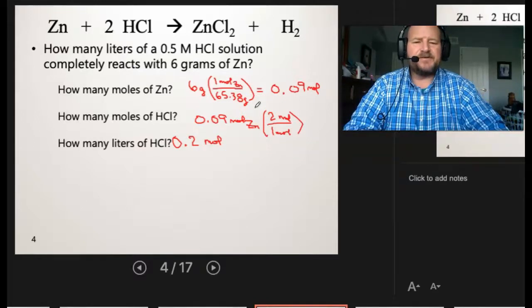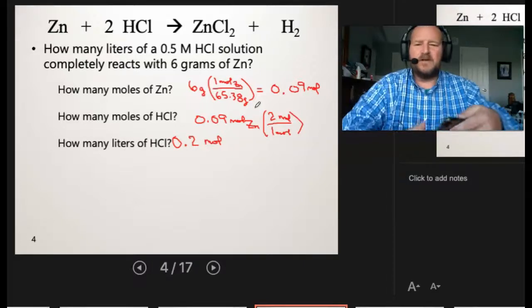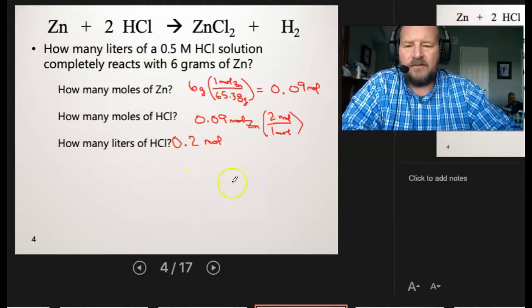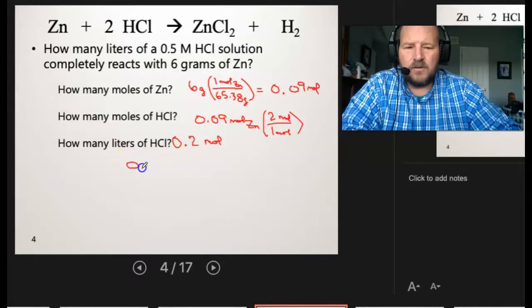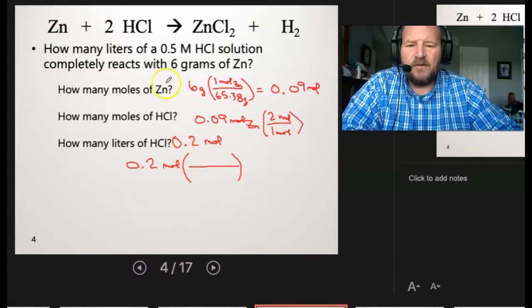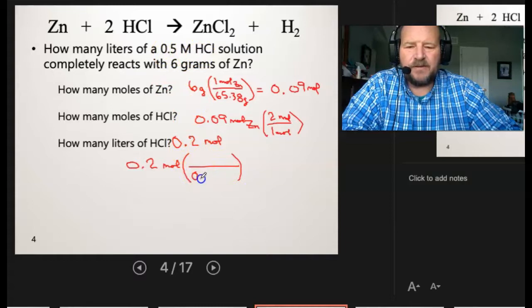And now here comes the change. How many liters of HCl? So now I've got 0.2 moles. We want to know how many liters. So now we know we have 0.5 molar. So that's going to be 0.5 moles for each 1 liter.